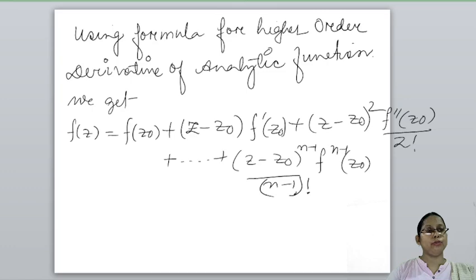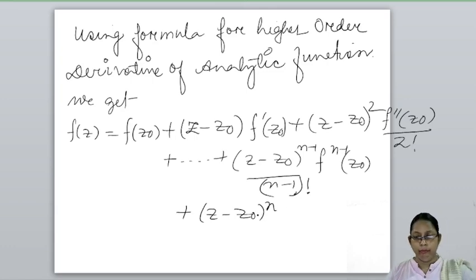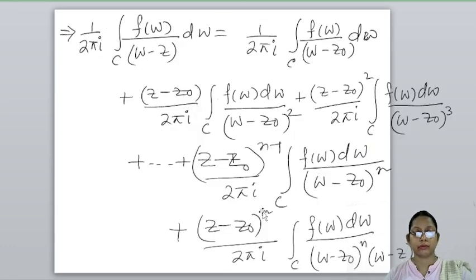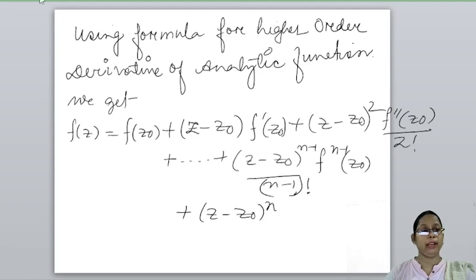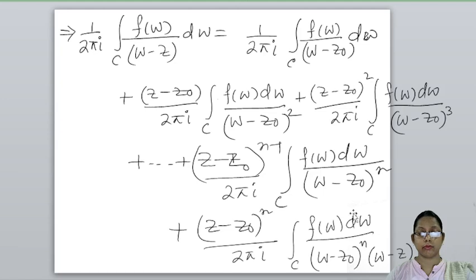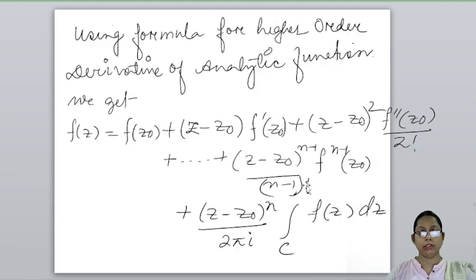The last term will be 1 by 2 pi i integral over C f(z) dz. This is f(w) dw, not f(z) dz.